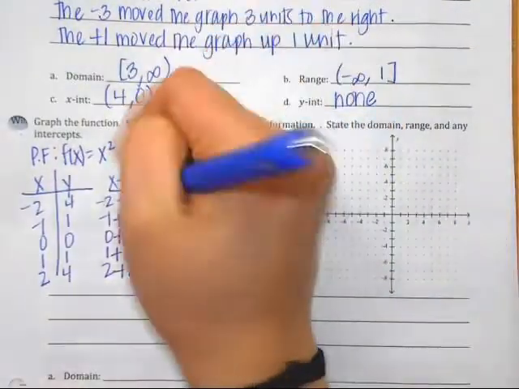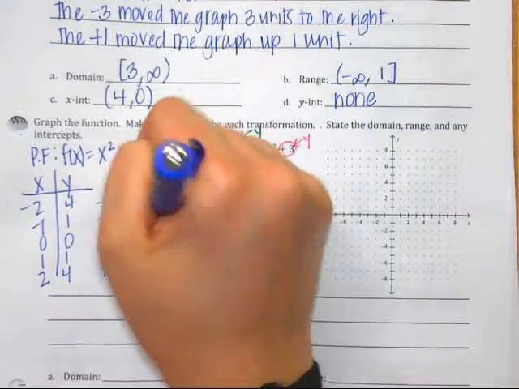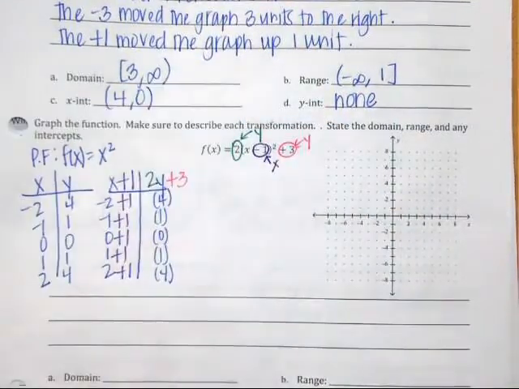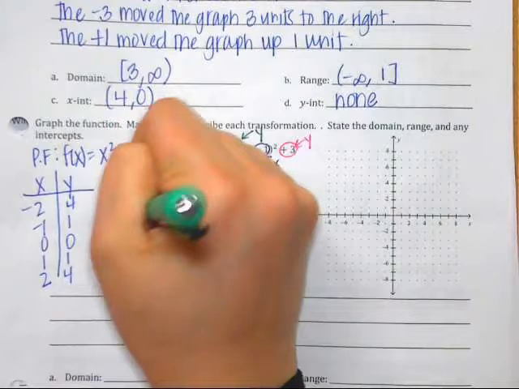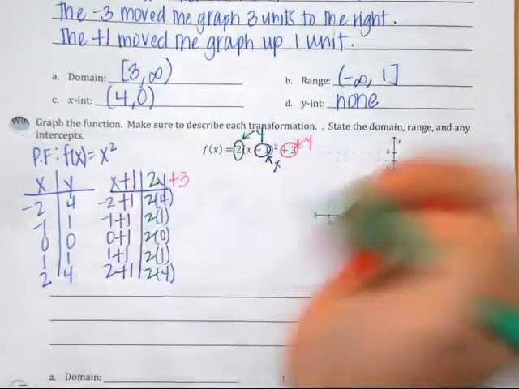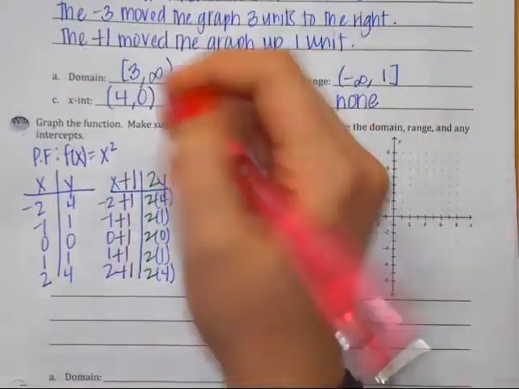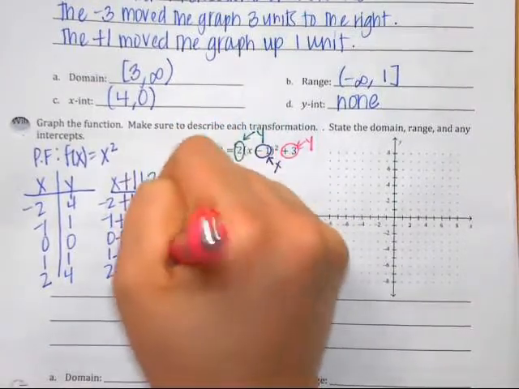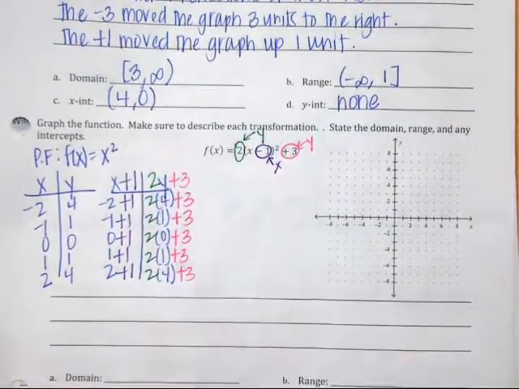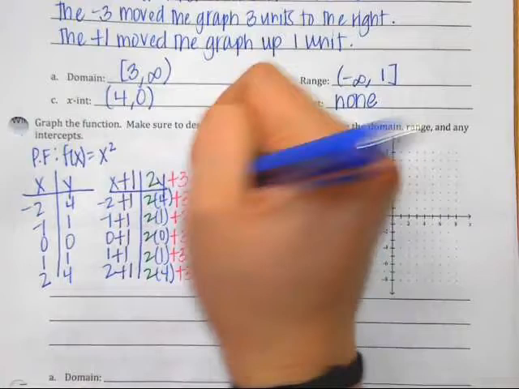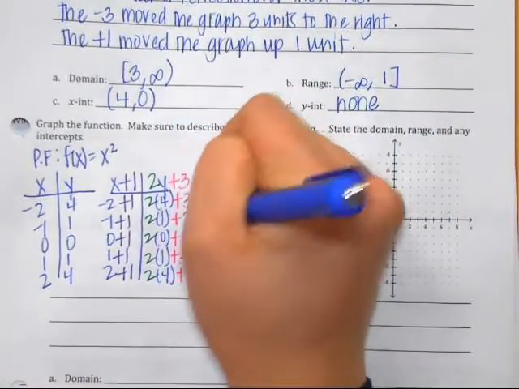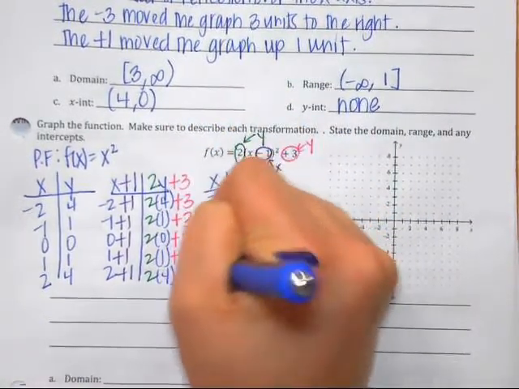So all of my y values, 4, 1, 0, 1, and 4, we all start that way by multiplying by 2, and then adding 3. So when we do the math here, negative 2 plus 1 is negative 1, 0, 1, 2, and 3.